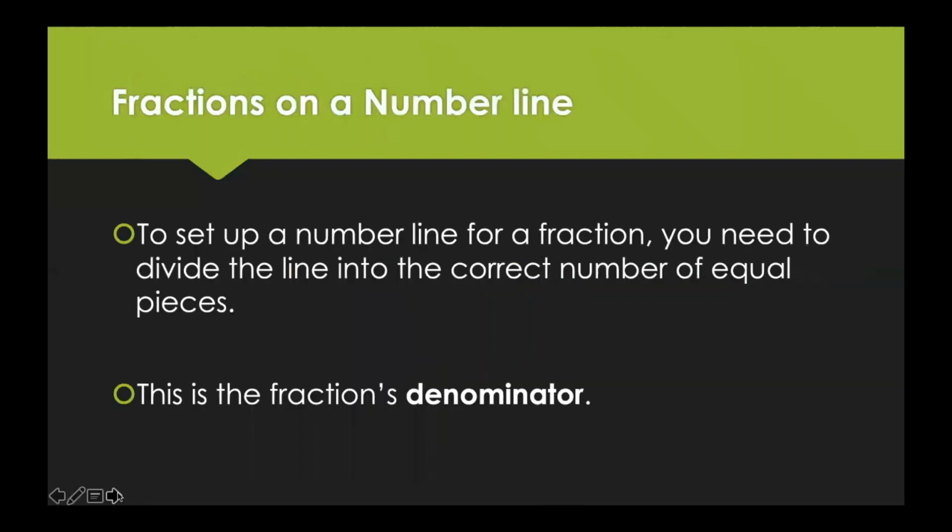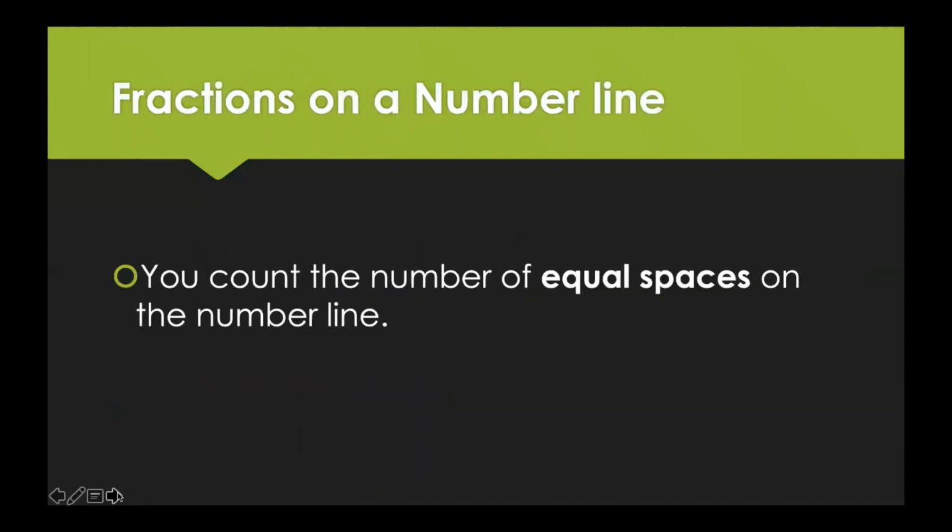Fractions on a number line. To set up a number line for a fraction, you need to divide the line into the correct number of equal spaces or pieces. This is the fraction's denominator. It is important to remember you count the number of equal spaces on the number line.